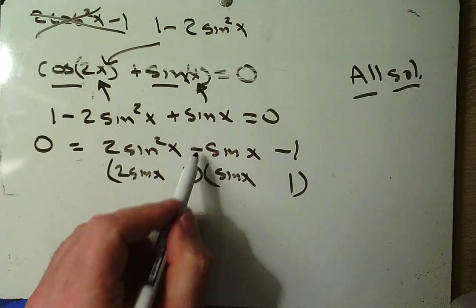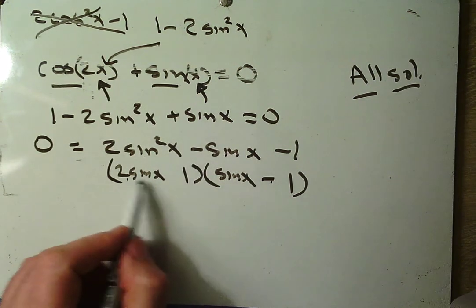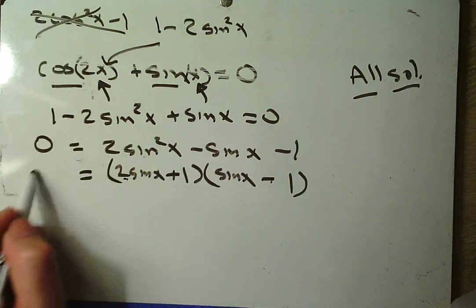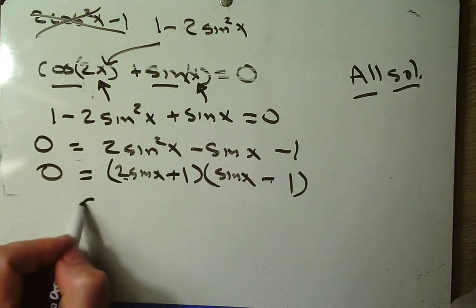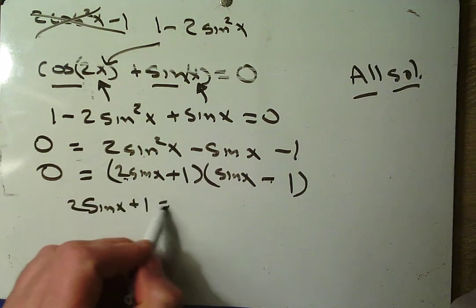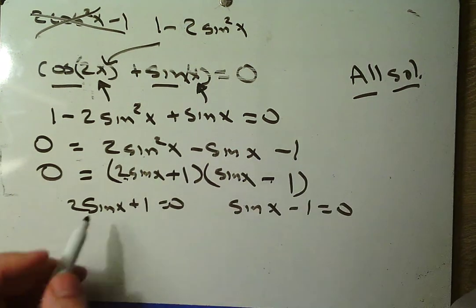Now I need a minus 1 here, and that's going to be made from a negative 2 sine x and a positive 1 sine x. This equals 0. We get 2 sine x plus 1 equals 0, and sine x minus 1 equals 0.